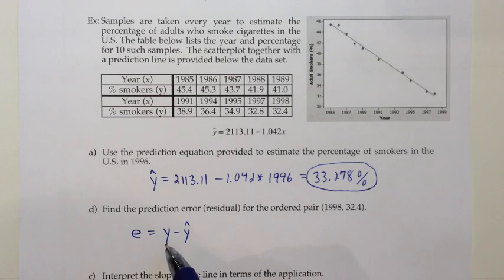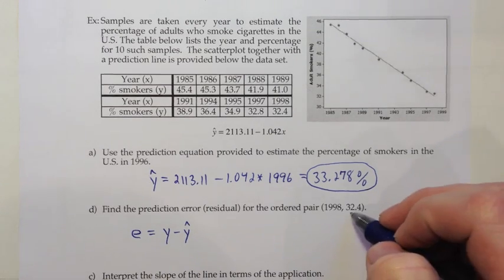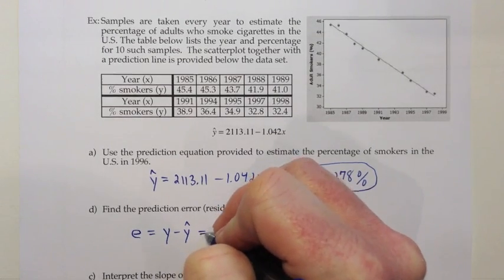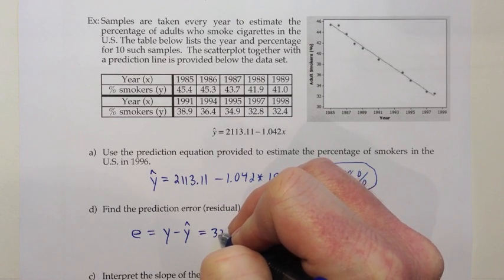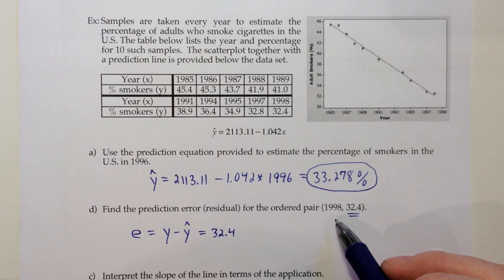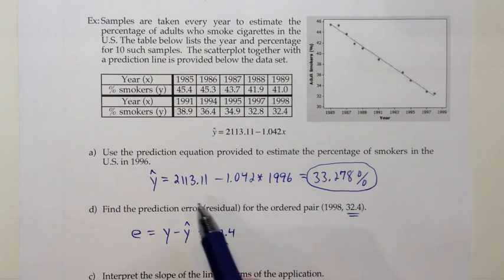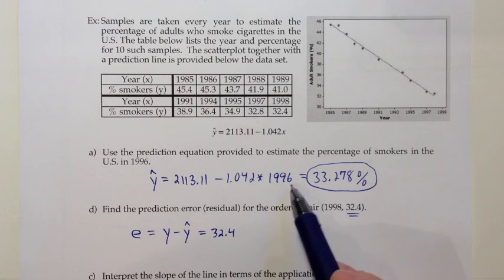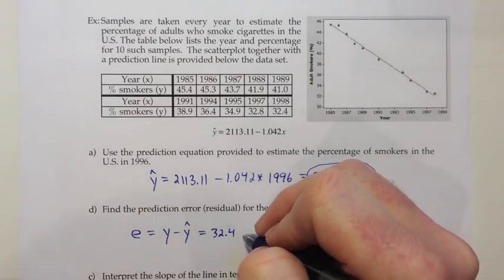So in this case, we know that the y value of the data we're provided is this 32.4. What we don't know is what the predicted value for 1998 would be, but we can get that by doing the same thing we did up here, just changing this 1996 to a 1998.